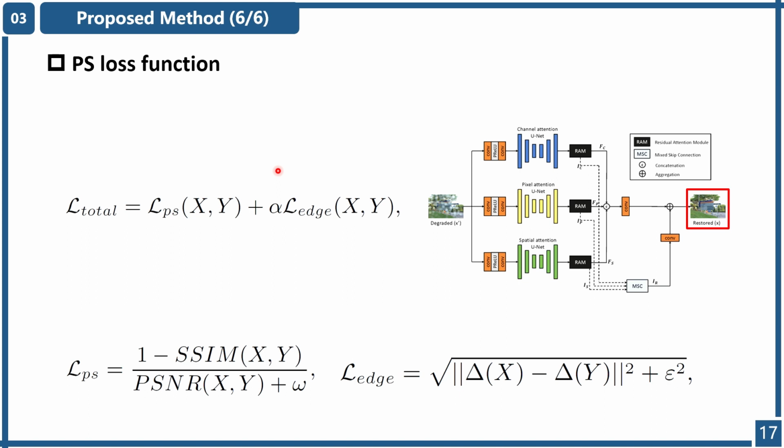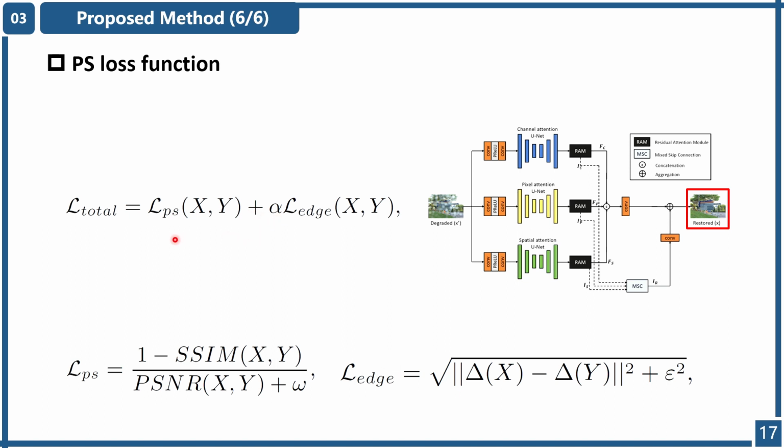Various other loss functions have been proposed to address these, such as perceptual loss and compound loss, which combine multiple loss functions. In our work, we introduce a new loss function to optimize CMFNet end-to-end, targeting a balance between human perception and metric score. Here, X represents the degraded image and Y is the ground truth data.